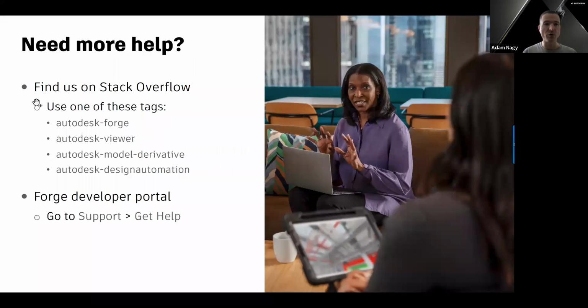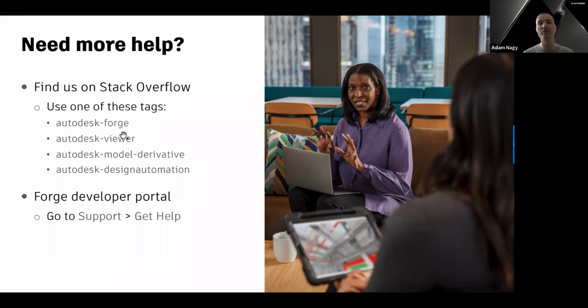And where you can find more help, you can just go on Stack Overflow if you don't mind publicly discussing your questions or your issues with the various Forge topics. So you just need to make sure that you're using the right tags for your questions, so that it's going to show up in our internal support system.